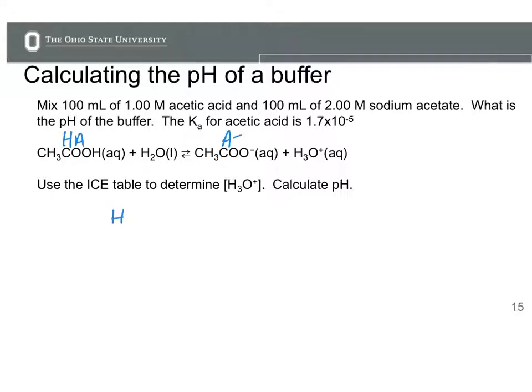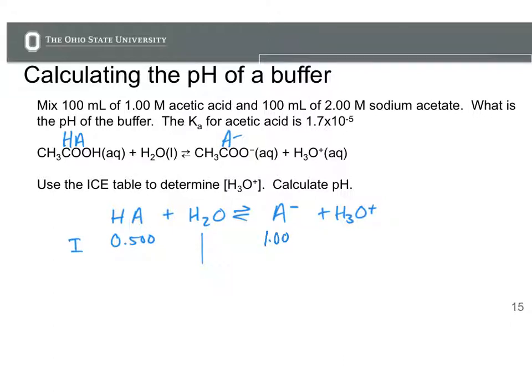So again, I'm just going to rewrite my equilibrium. HA plus H2O in equilibrium with A minus and H3O plus. Our initial concentration of HA is 0.5. We're not going to worry about water.